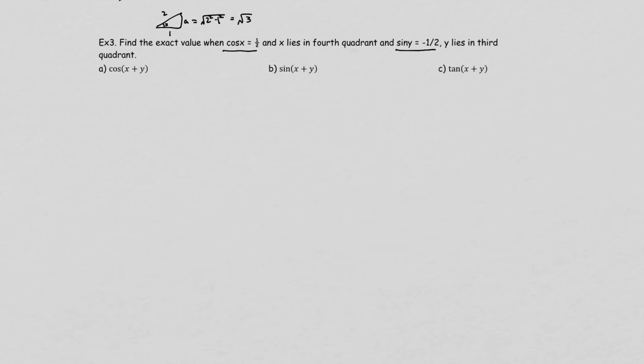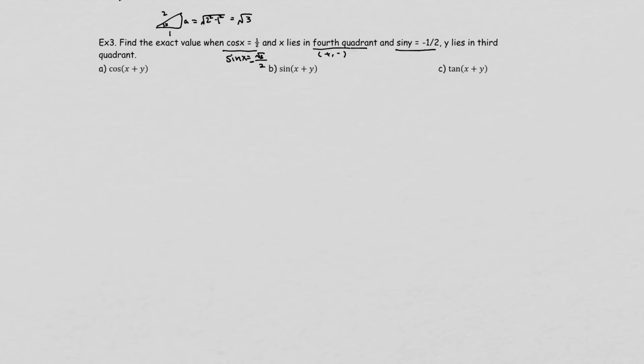So that means your sine x is going to be square root of 3 over 2. And this is in your fourth quadrant. Fourth quadrant is positive and negative, so your sine should be negative.